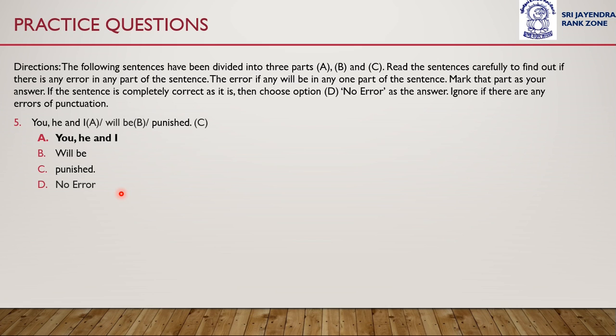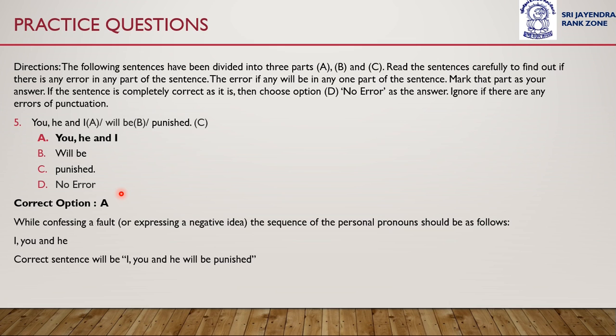Where do you think there is an error? So the error is in option A. Why? Because while confessing a fault or a negative idea, the sequence of the personal pronouns should be I, you, and he. That is first person, second person, and then third person at the last. So the correct sentence will be: I, you, and he will be punished. Okay?